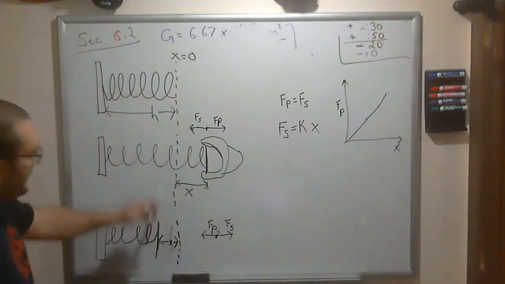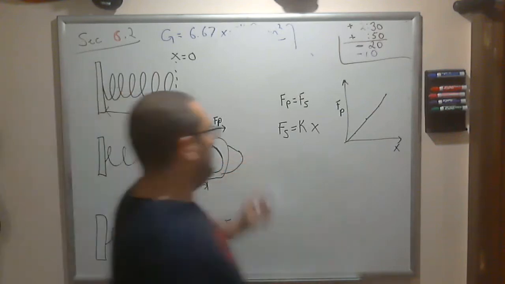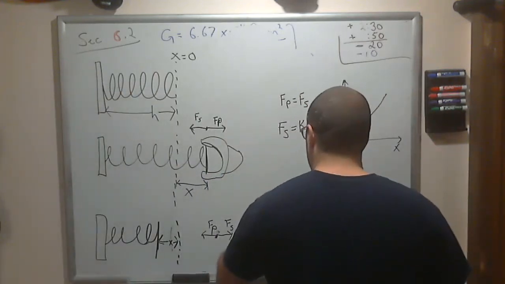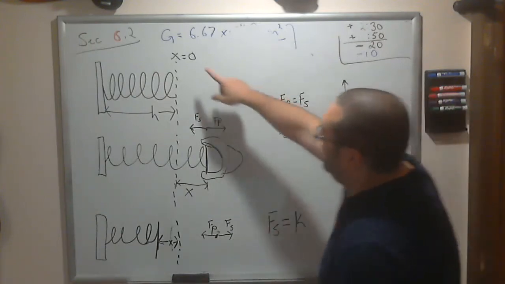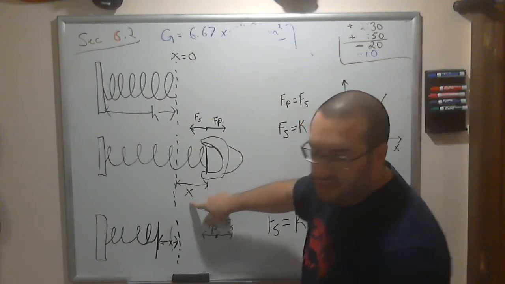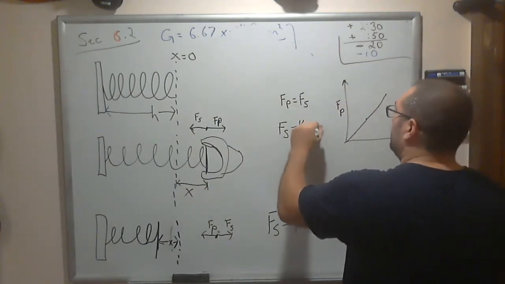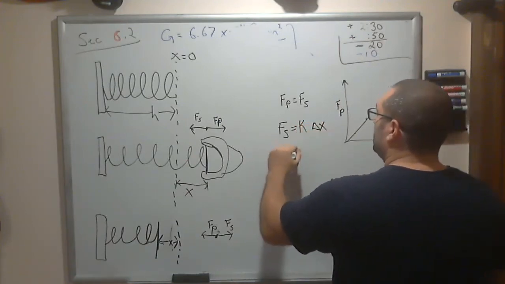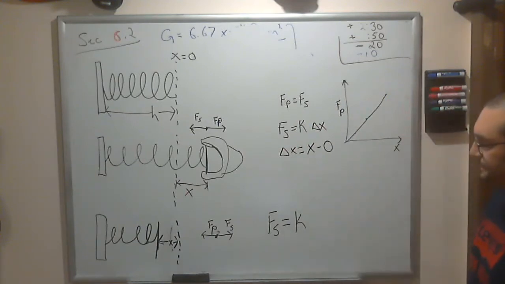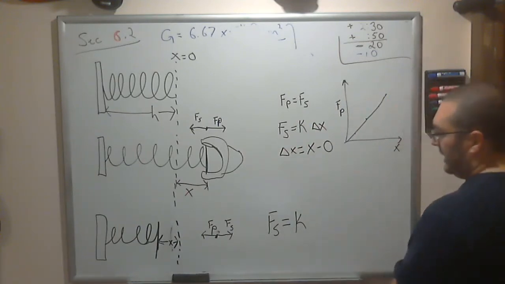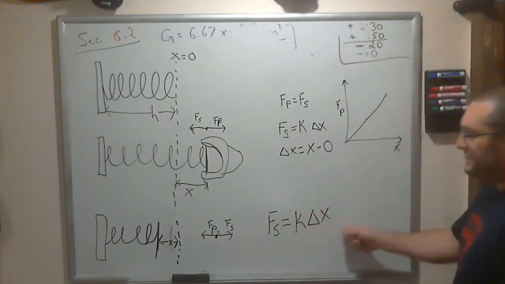And if you look at it, if this is our 0 point, this makes sense, right? Because it's dependent on this equilibrium position. Here I changed x in a positive direction. Really, we should write this delta x. And here, delta x is x minus 0, right? And then we have this delta x, to change it from the equilibrium position.